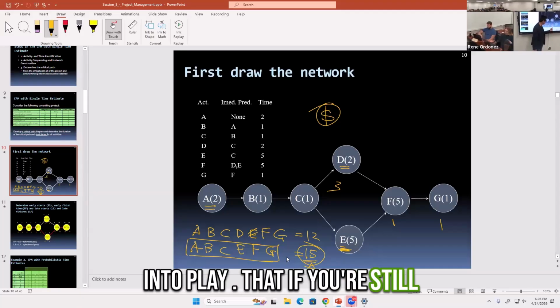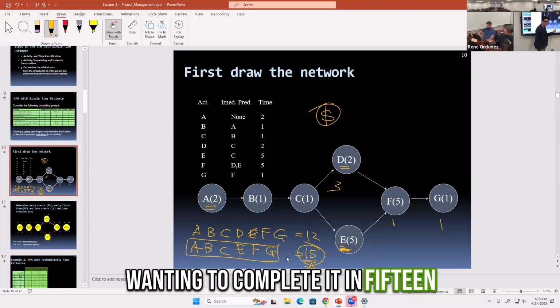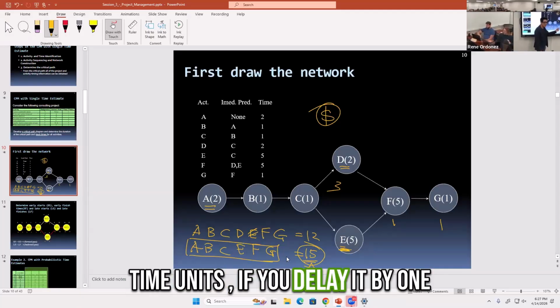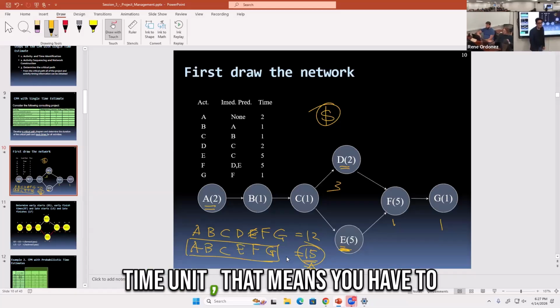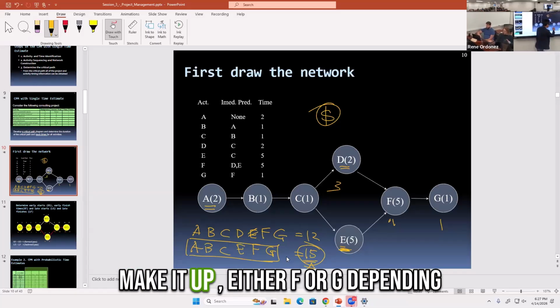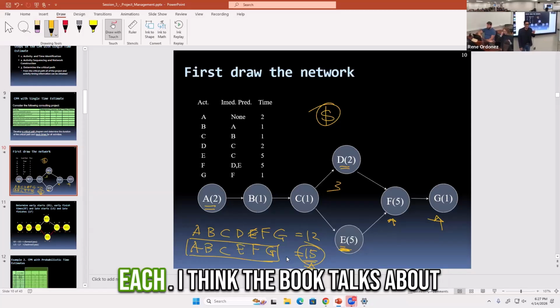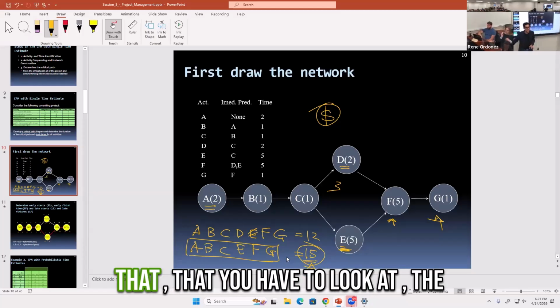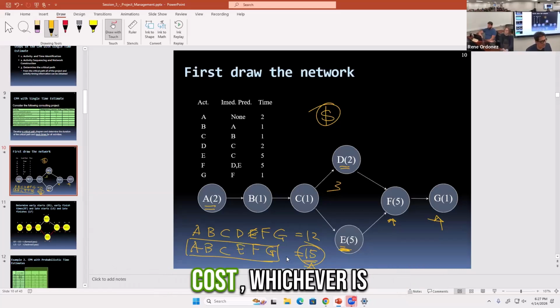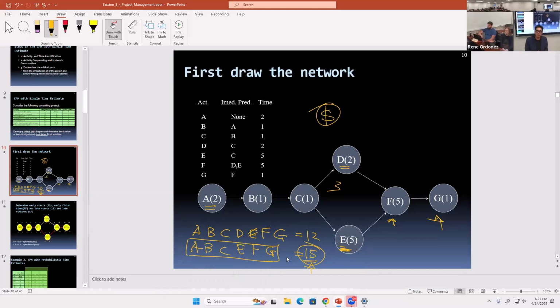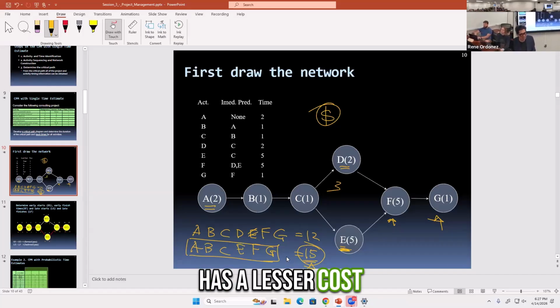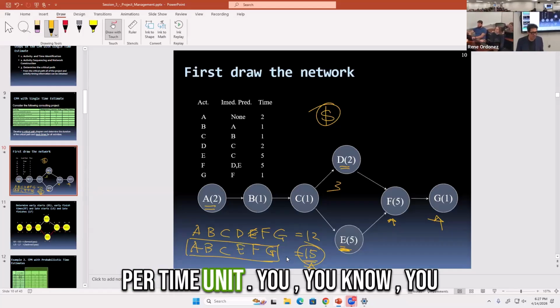If you're still wanting to complete it in 15 time units and you delay it by one time unit, you have to make it up in either F or G, depending on the cost associated with each. I think the book talks about looking at whichever has the lesser cost per time unit.